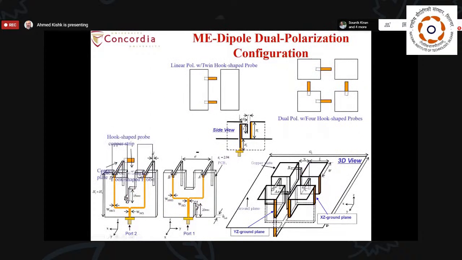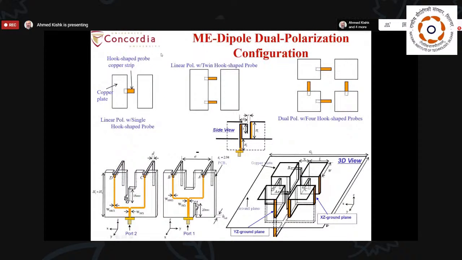So in order to do the dual polarization, from the single probe to the dual probe, these two patches we divide into two. That means I have a gap in this direction and a gap in this direction. These are the original excitation, and here I create another two excitations.